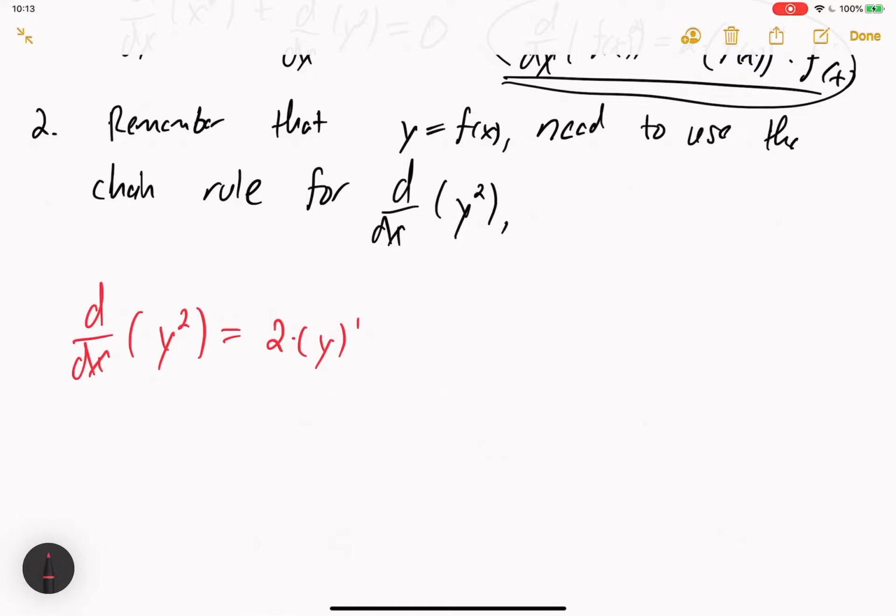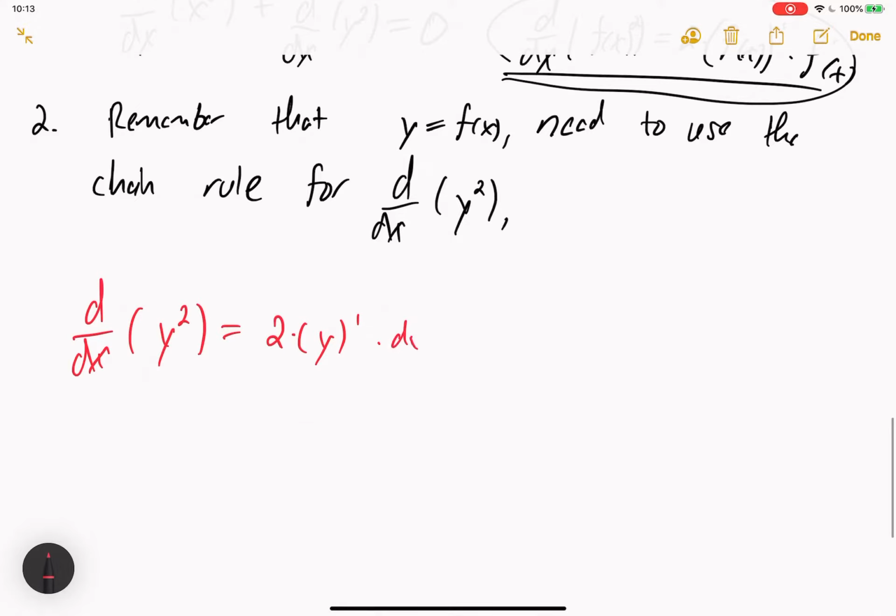We leave the inside the same, because that's what the chain rule is. And then the last thing we do is we multiply by the derivative of the inside, so dy dx.